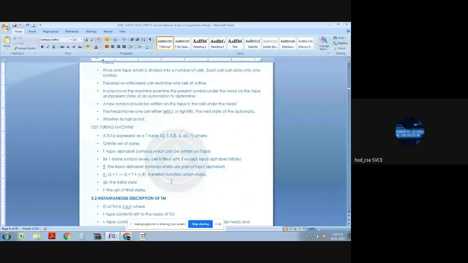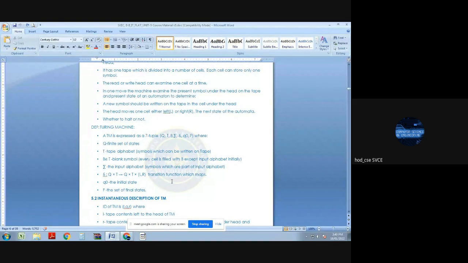And once we have read a cell, or if you want to represent it, a cell is filled with B except for the input alphabets initially. Every cell can be replaced with B, which is nothing but the blank symbol.